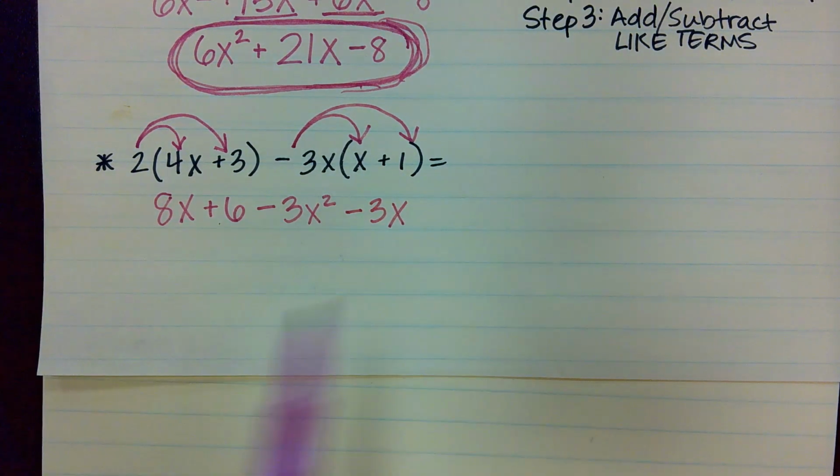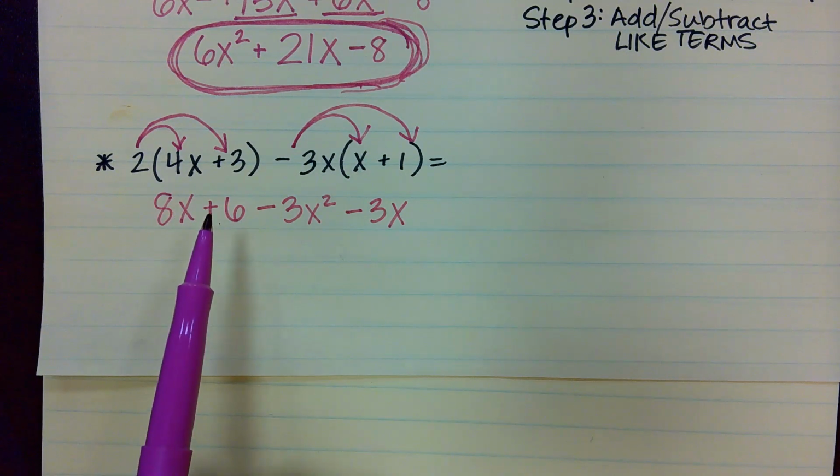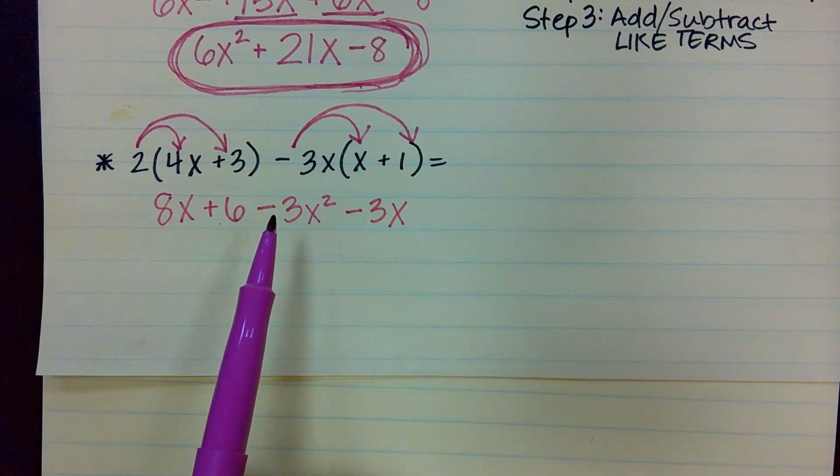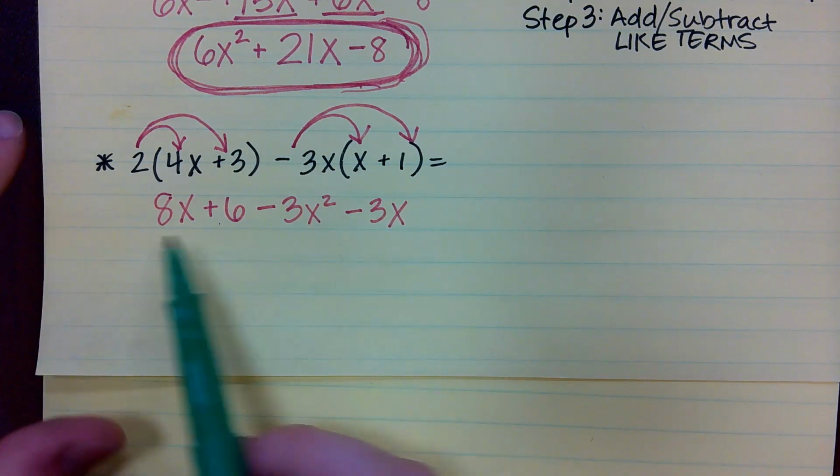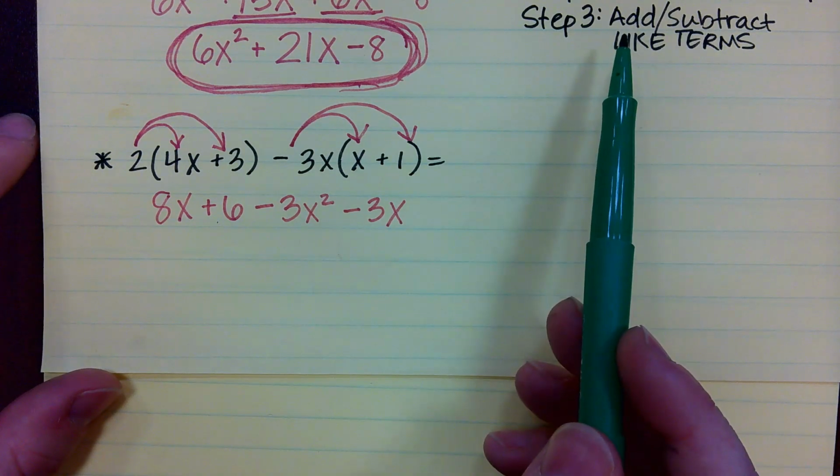We are here now. I've got 8x plus 6 minus 3x squared minus 3x. Let's go left to right and make sure that we are done, or make sure if we've got things to combine, we know what we're combining. So guys, we are now to that step 3.